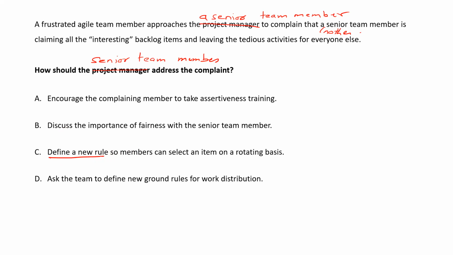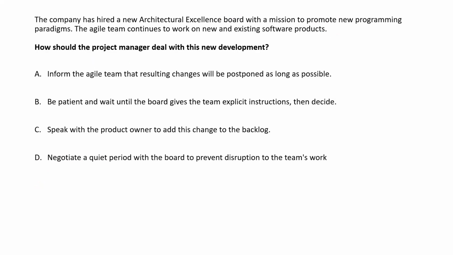It has to be a collaborative effort. So again, the answer will be D, because you cannot define it alone. Everything should be collaborative. That's what we call collaborative team working on concurrent development. Next question.